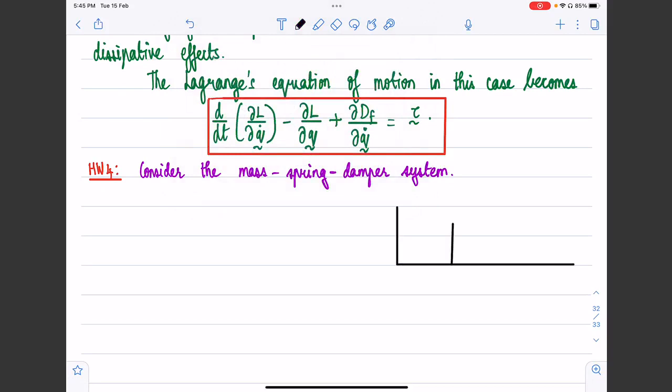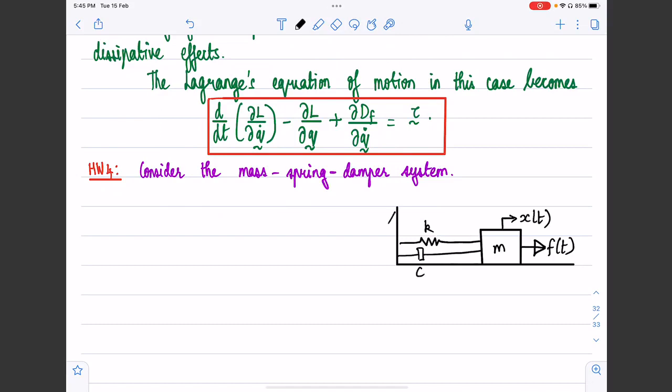Mass m, on which we apply a force f of t, and its displacement is x of t. We have a linear spring whose spring constant is k, and then we have a linear viscous damper whose damping coefficient is c.